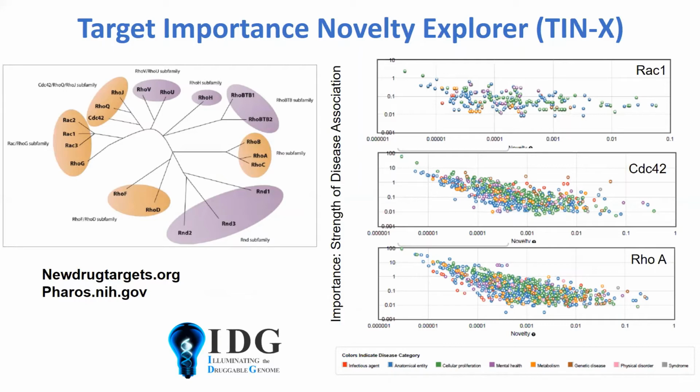I show here that you can link the importance of targets based on their publication record, in this case, GTPases, to their novelty and relevance to particular diseases. I call your attention to these websites, newdrugtargets.org and pharos.nih.gov, which can help you explore your own targets of interest.